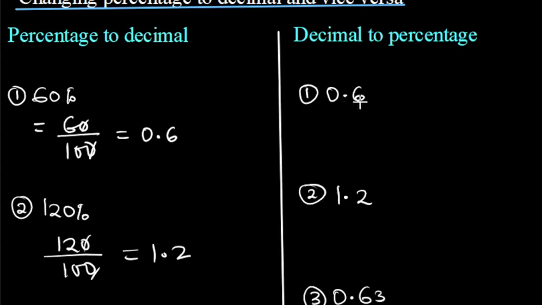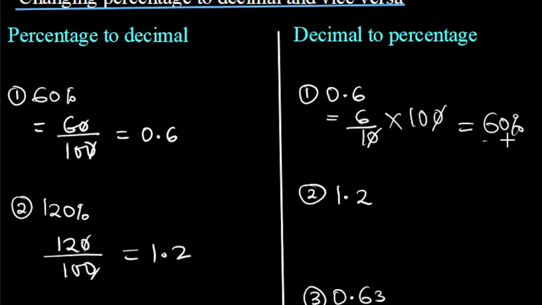So we have 0.6 here. You know that 0.6 is same thing as 6 over 10, right? So since we are converting to percentage, just multiply by 100, 0, we cancel 0, and we are left with 60%.